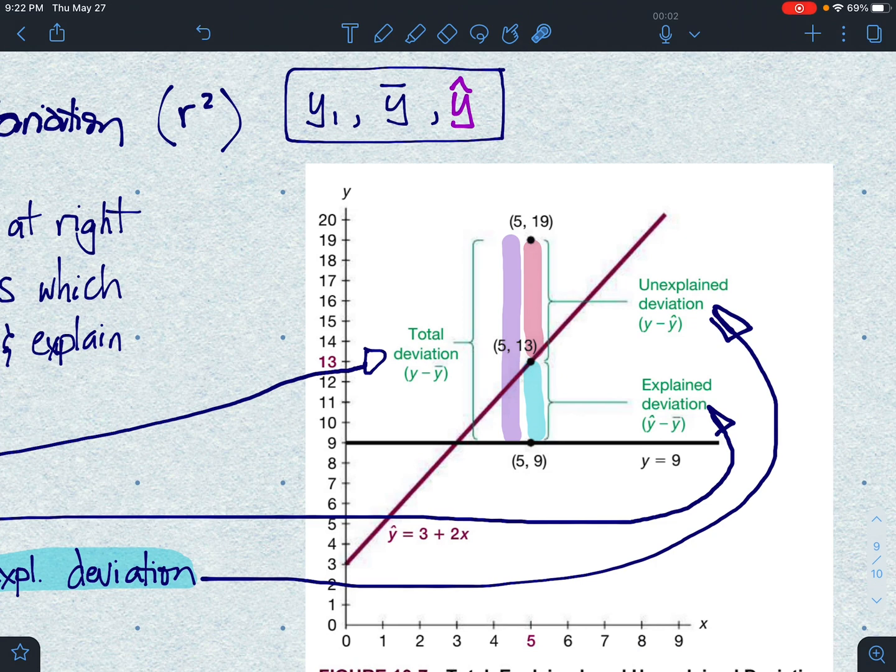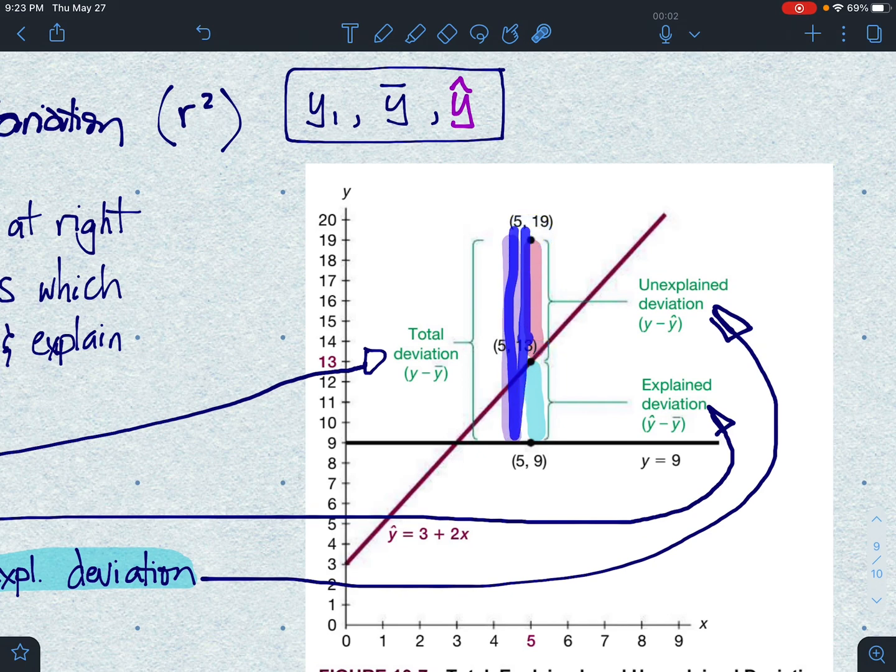Now, based upon a variable, in our last example chocolate, we can get a predicted value, and that would be somewhere along those lines. In this case, 13 is our predicted value. And finally we would have the actual data item y1. So there's our mean, there is our y hat, and there's our y1.